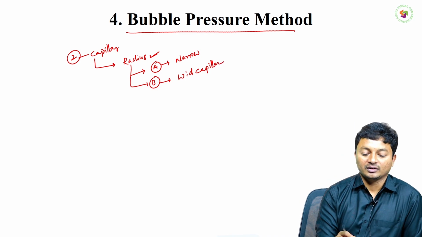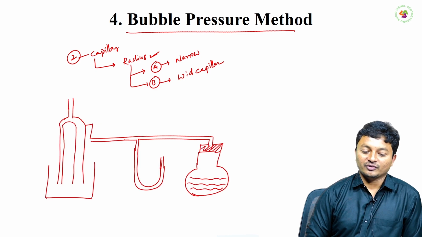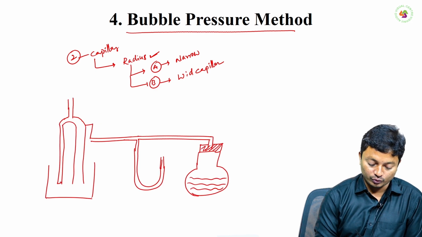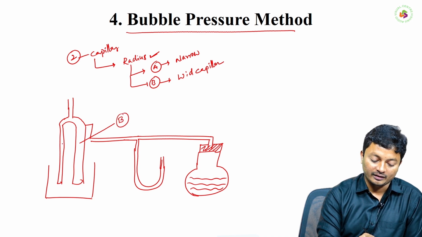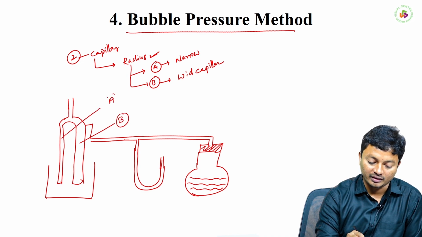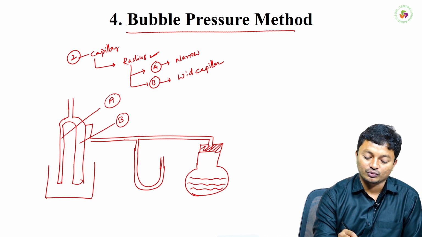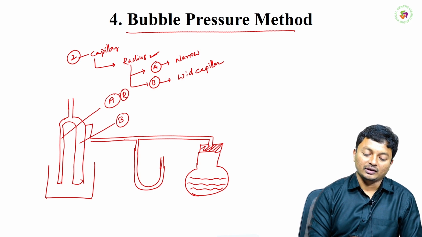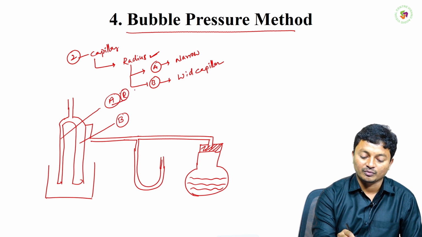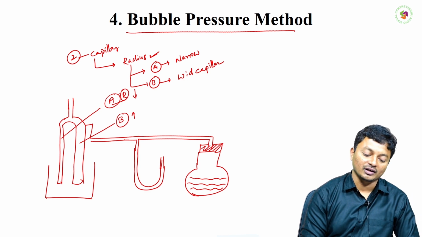In this method we will be having two different capillaries. This is capillary B, the wider capillary, and this is capillary A, the narrow capillary, and the major difference between these two is the radius. In capillary A we have a small radius, in capillary B we will be having a larger radius.